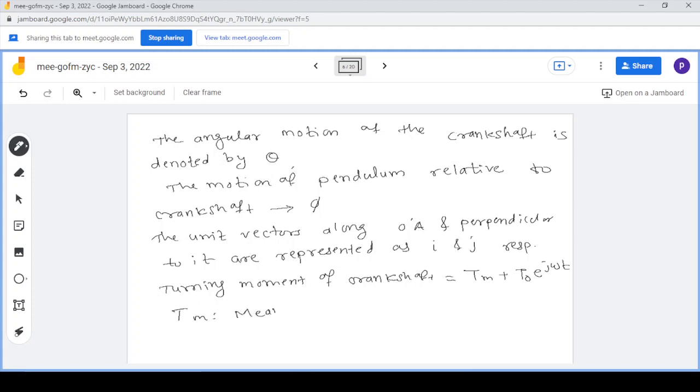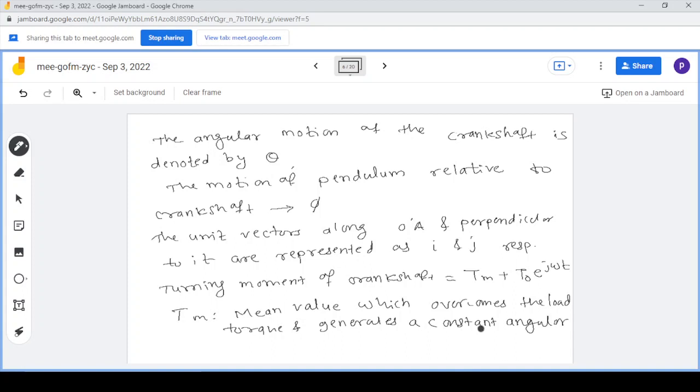Tm is the mean value which overcomes the load torque and generates a constant angular velocity omega, and this harmonic part causes torsional oscillations of the crankshaft. Okay.